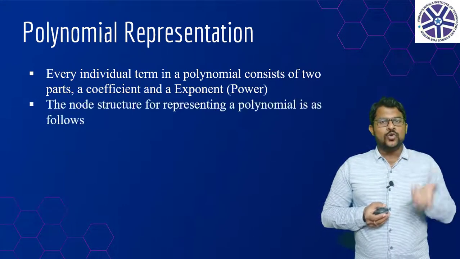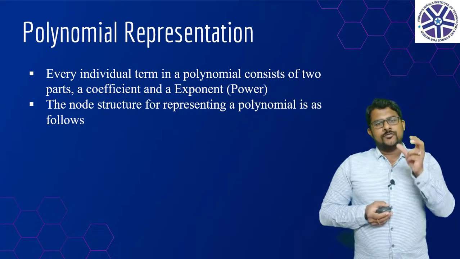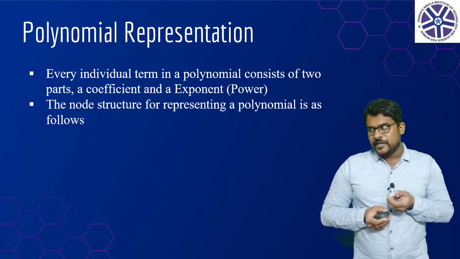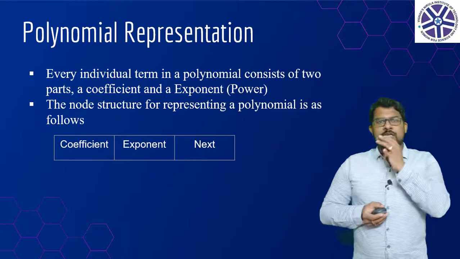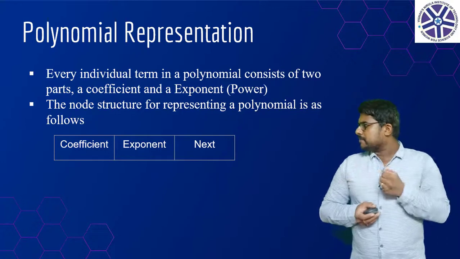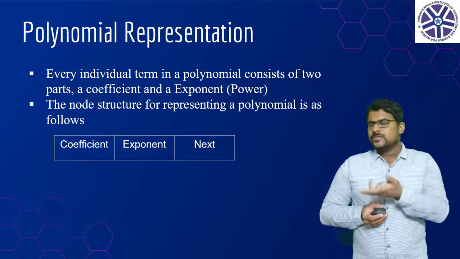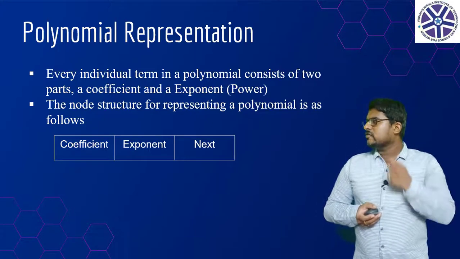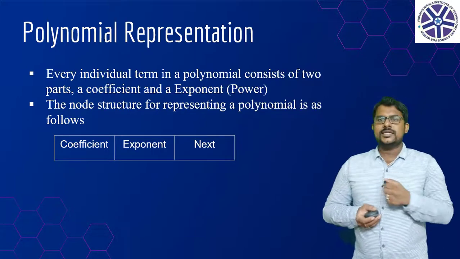Now let us see the node structure of this particular term. If we want to represent the polynomial using linked list, we need to have a different node. If you see here, this is the node structure. Every node contains three parts. The first one is the coefficient, which stores the coefficient of that particular term. The next one is the exponent, which stores the exponent of that particular term, and the next one is the next, which links to the next term.